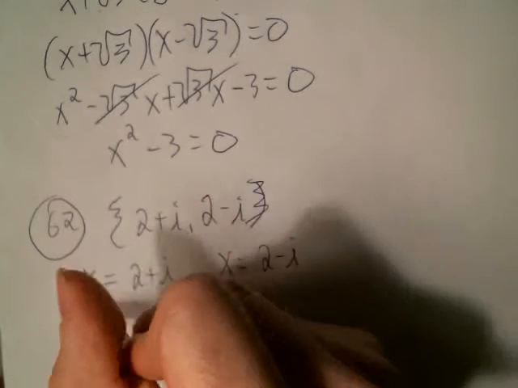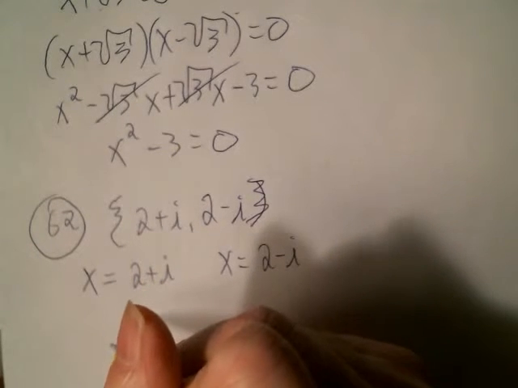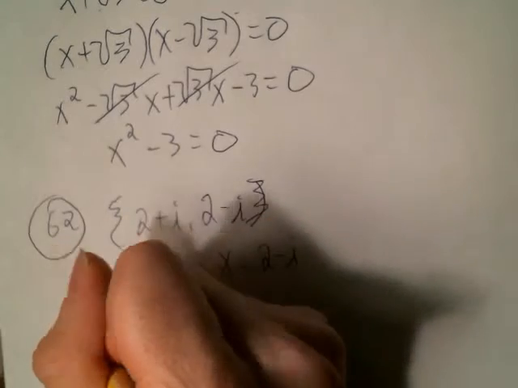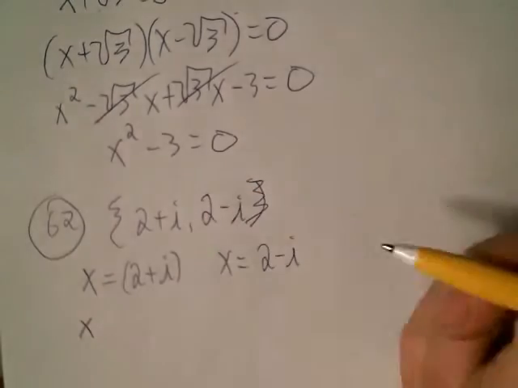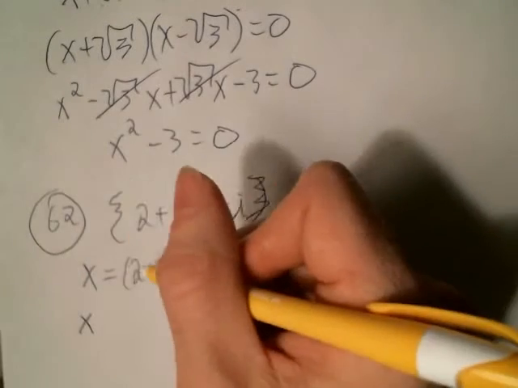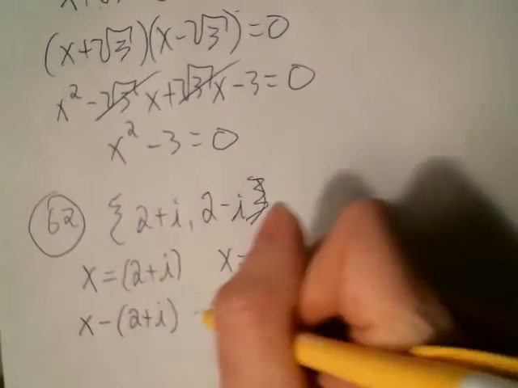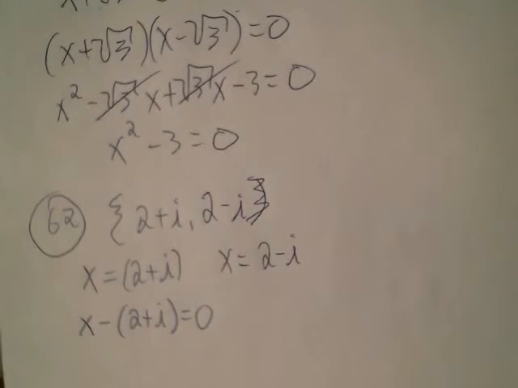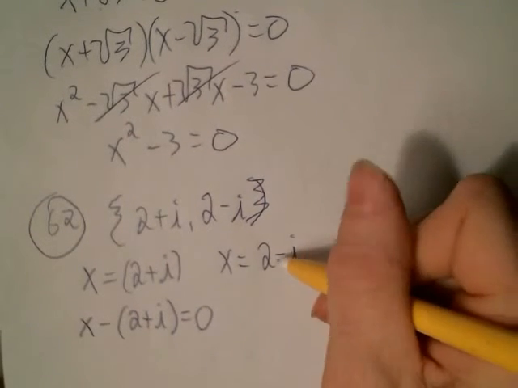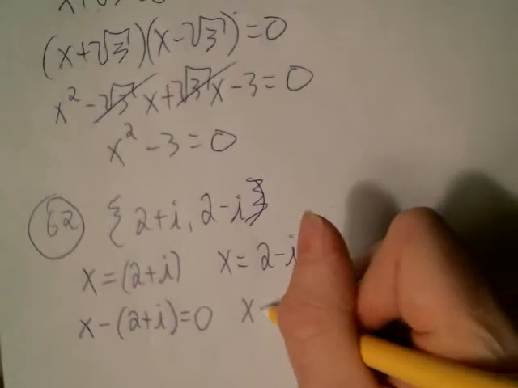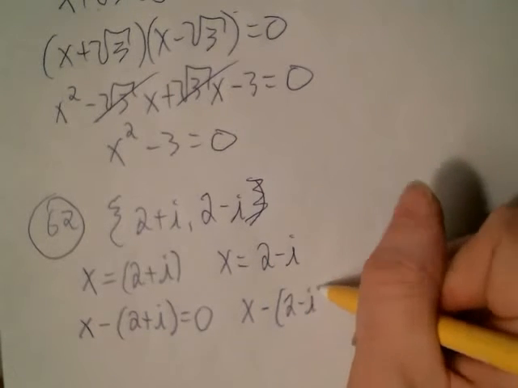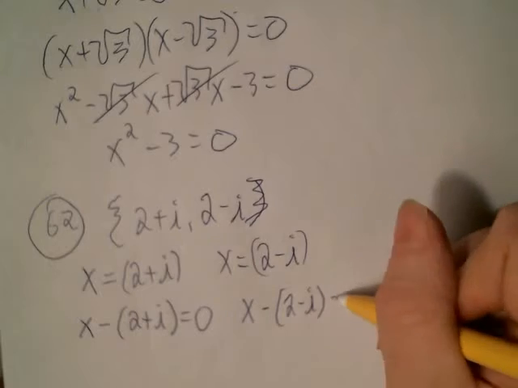I don't necessarily, well, you judge for yourself. I'm going to move this entire thing to the other side. Rather than minus 2 minus i, I'm just going to write minus 2 plus i. And then here, instead of minus 2 plus i, I'm going to write x minus 2 minus i. And so I just subtract 2 minus i from both sides.